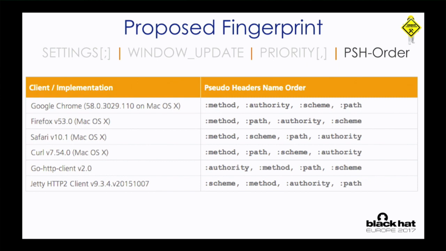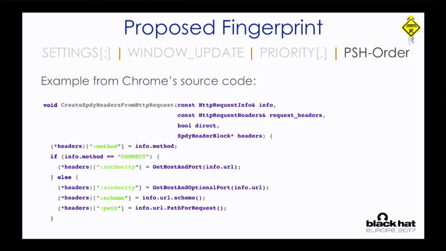So you can once again use that and differentiate, I don't know, the Go HTTP client from the JDK HTTP client. Looking into Chrome source code actually validates the assumption that this is consistent. The structure in which the pseudo headers are sent is a constant, and it would not change for Chrome.